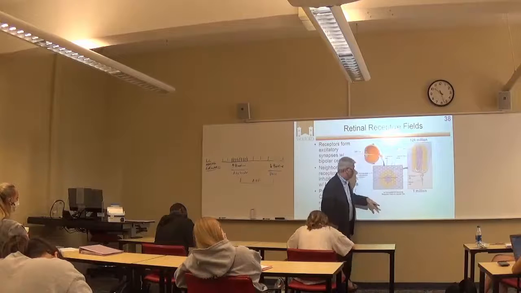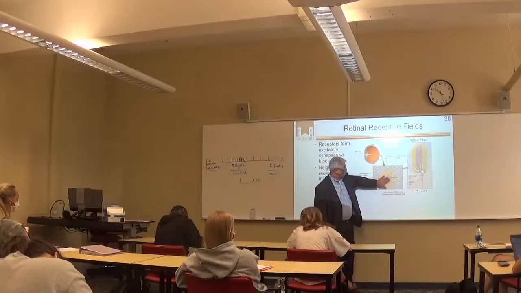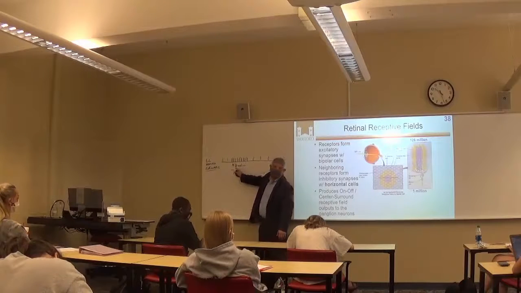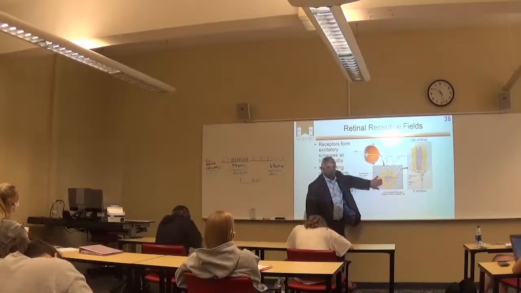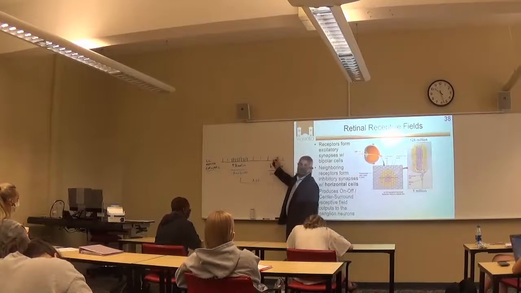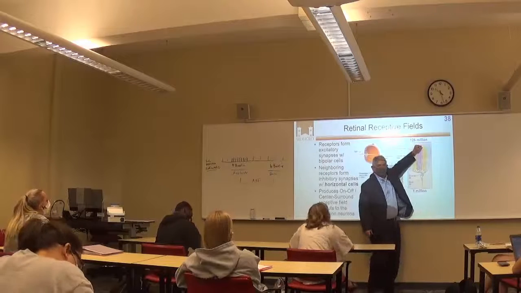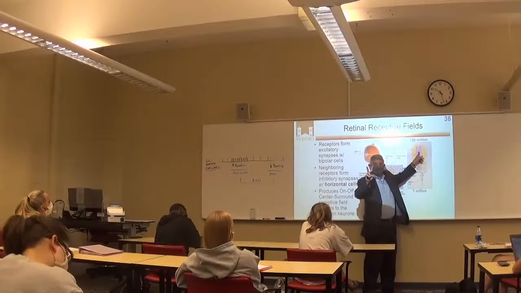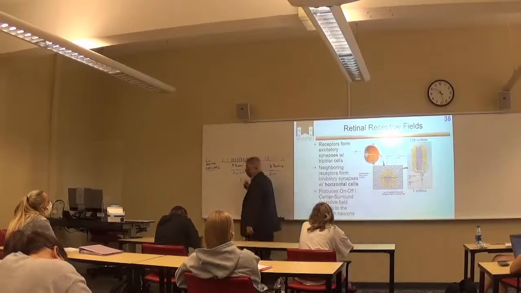So it could be an on-center, off-surround. So when light hits the center, that neuron gets excited from its baseline. Right? But when light hits these surrounding receptors, it becomes inhibitory. So now, even though we have to take 126 receptors and put them into one output, we can get two signals, either in the center or the surround, based on this, right?